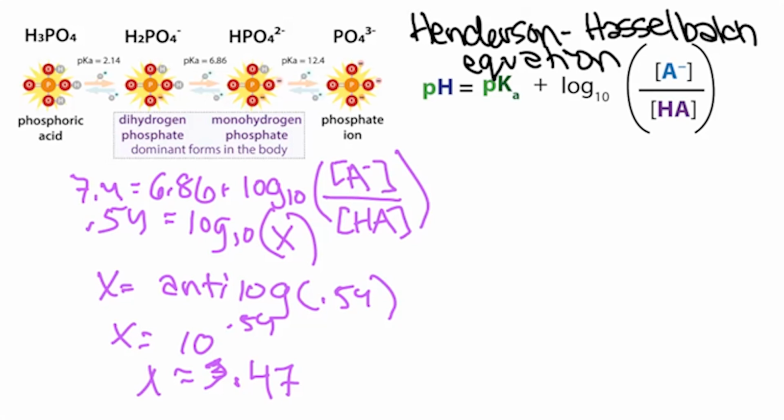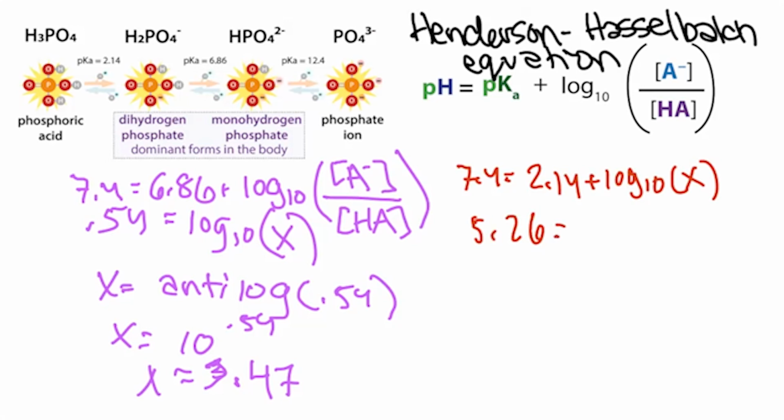Okay, now let's look at the phosphoric acid form. Here, if we take that same pH, but a pKa of 2.14, and then do our log 10, again we're just going to call this value x that we're going to solve for. In this case, if we subtract 2.14 from each side, we get 5.26 equals log 10 of x.